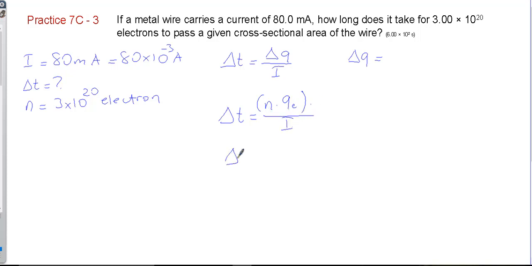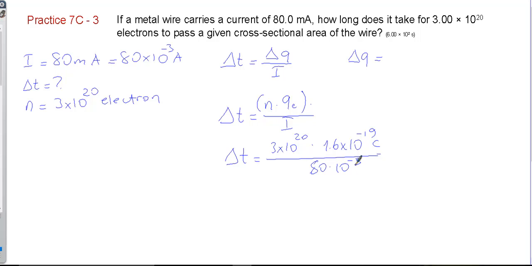So delta T is equal to, what is N? 3 times 10 to the 20, multiply, what is the charge of an electron? 1.6 times 10 to the minus 19 coulomb divided by I. I is 80 times 10 to the power of minus 3.